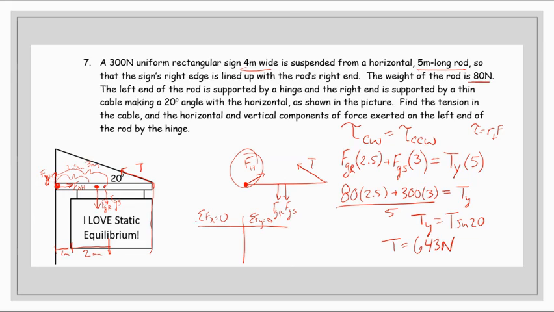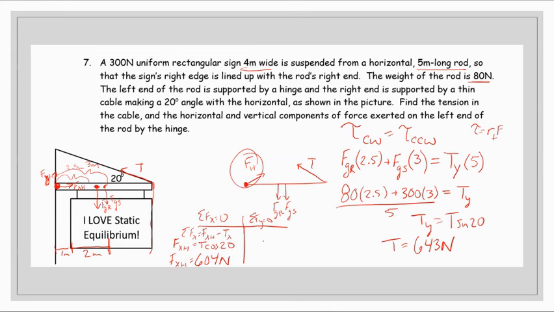In my X, it's going to be really easy because my sum of forces in my X is the force X of my hinge minus the tension X. So I know that the force X of my hinge is equal to my tension cosine 20. When I plug in 643 there, I end up getting force X of my hinge is equal to 643 cosine 20, which is 604 newtons.